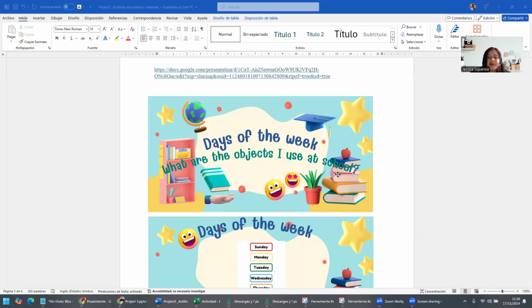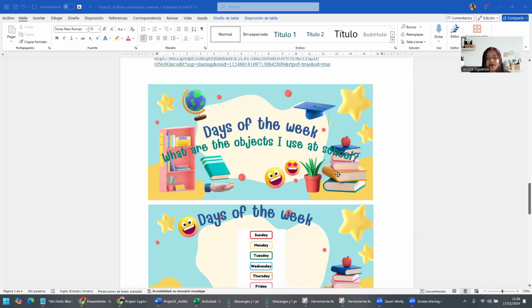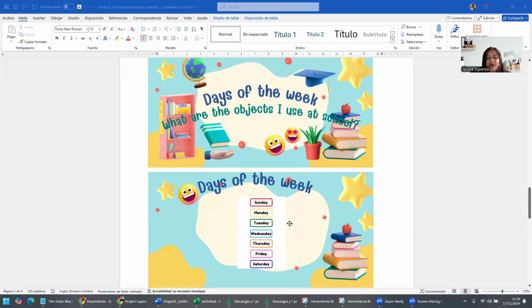For example, first, to start the activity, we are going to learn the days of the week: Sunday, Monday, Tuesday, Wednesday, Thursday, Friday, and Saturday.